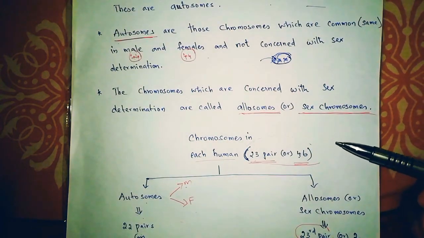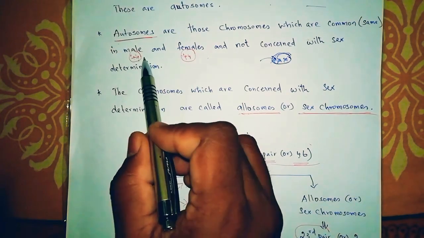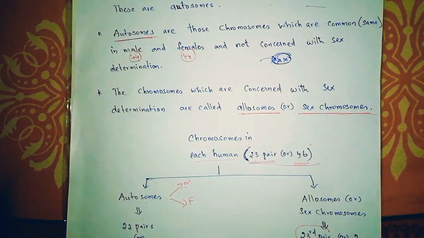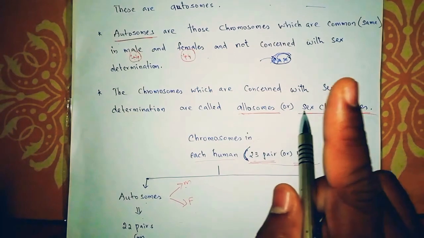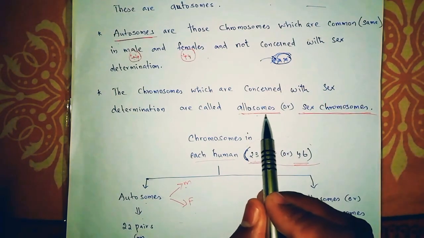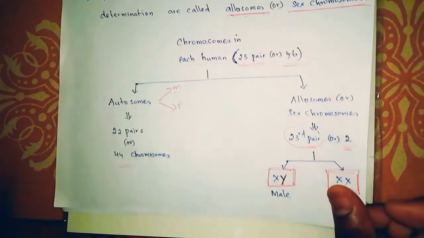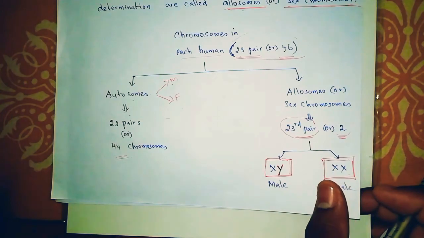These are the two very important things that we have learned, because autosomes are nothing but the common chromosomes that both male and female have, and only one pair, that means two chromosomes, are allosomes, in other words sex chromosomes, which determine the sex of an individual. So that is what we learned today.